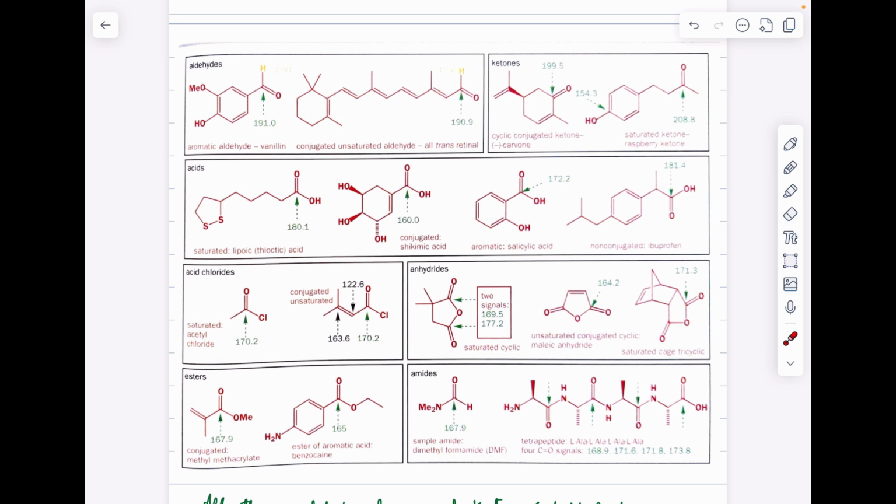this is a simple amide, dimethyl formamide, the carbonyl will appear at 167, and this is a tetrapeptide of alanine, where the four CO signals will appear at 168, 171, 171.8, and 173.8. This one, this one, this, and this.